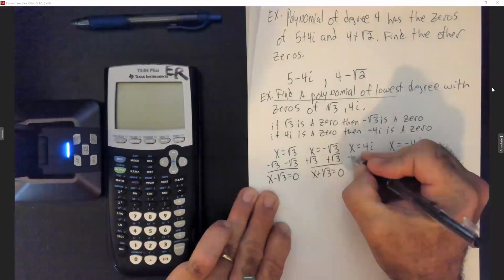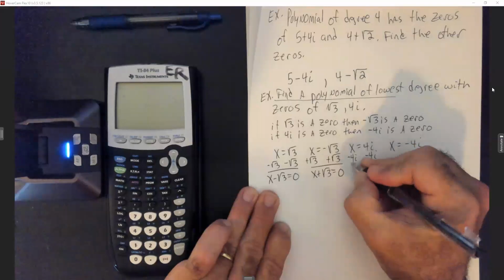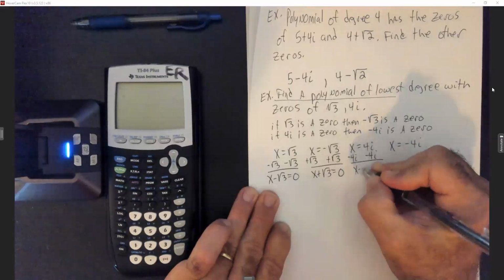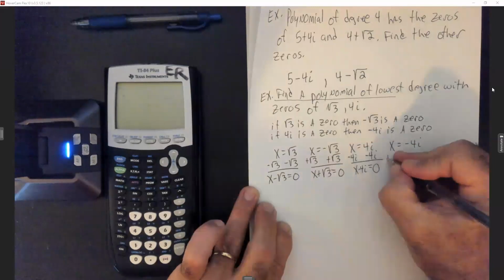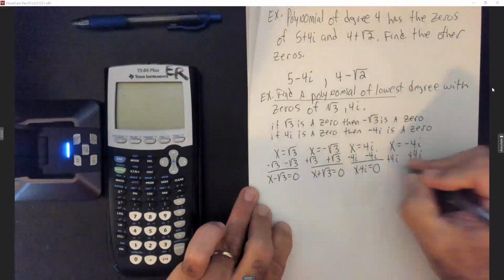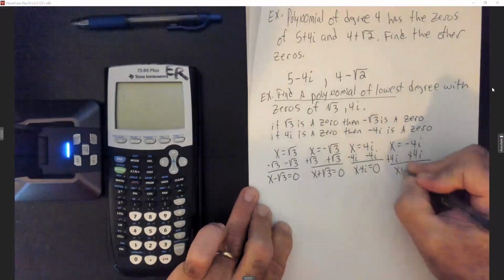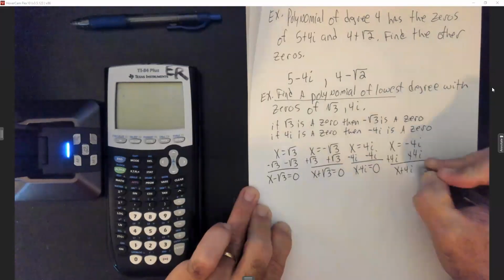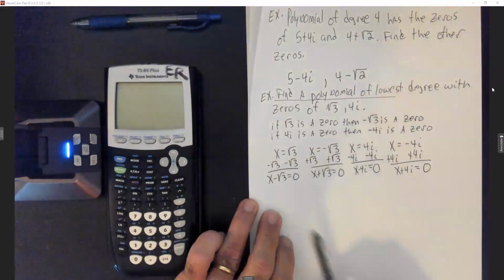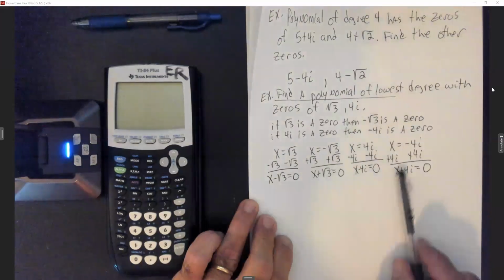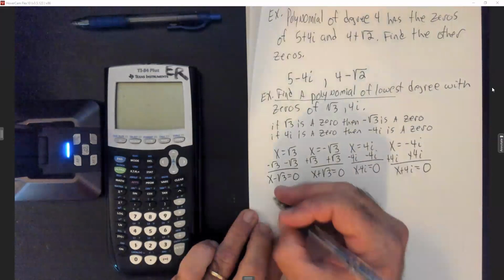Minus the 4i on this one. And then the last one, add 4i. All right, and I like this order because I like these two being grouped together in front and these two being grouped together in the back. So here we go. Put them all in parentheses.